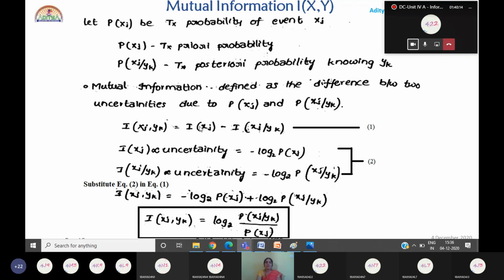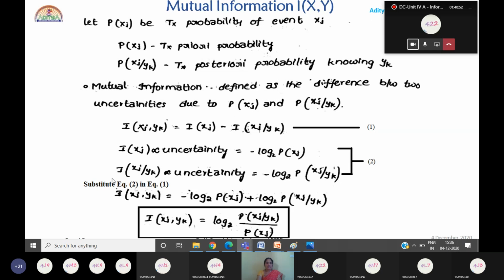So the difference between the two uncertainties is called mutual information. Now, what is the definition for I of xj? Information is proportional to uncertainty, and it is equal to, as we derived in the first module, log 1 by p or minus log p base 2. So I of xj is equal to minus log p of xj base 2, or we can also write it as log 1 by p of xj base 2.